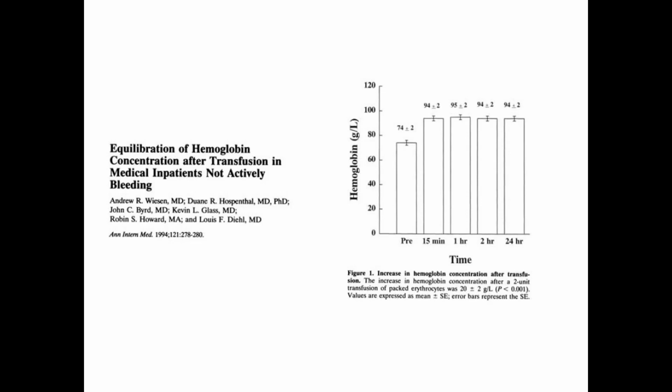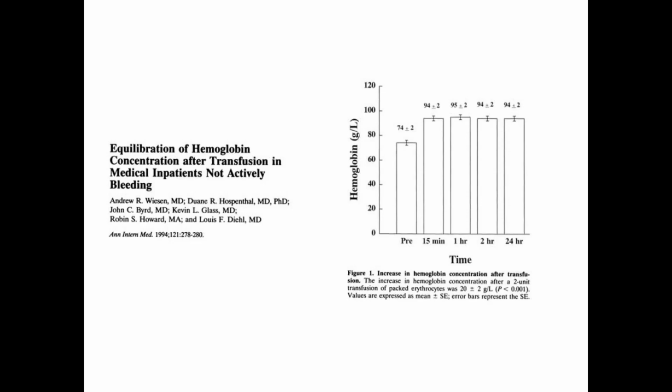And so this has been answered quite nicely in a prospective controlled trial where they gave patients 2 units of blood and measured their hemoglobin at the 15-minute mark, 1 hour, 2 hour, and 24-hour mark to see at which point the hemoglobin measurement best reflects the transfused product.